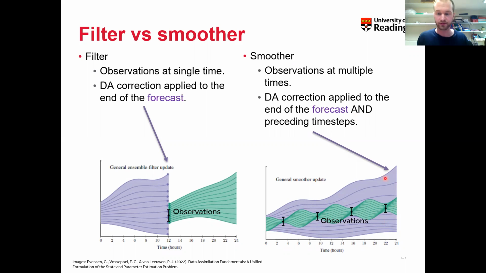And one of the advantages of a smoother is that you can assimilate observations at different times, thus use more observations and theoretically generate a more accurate correction.